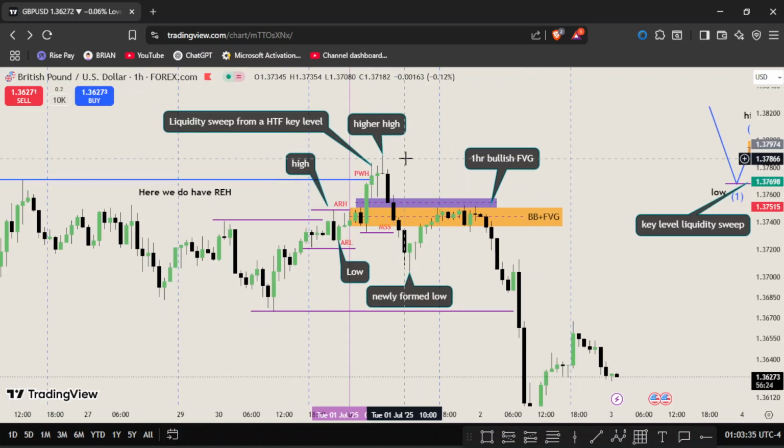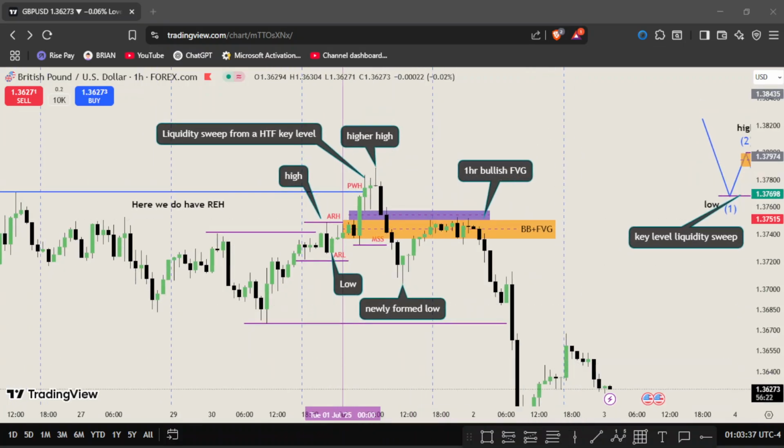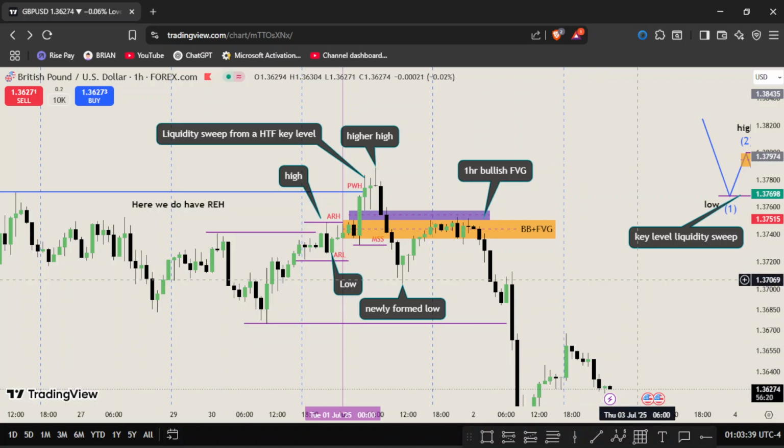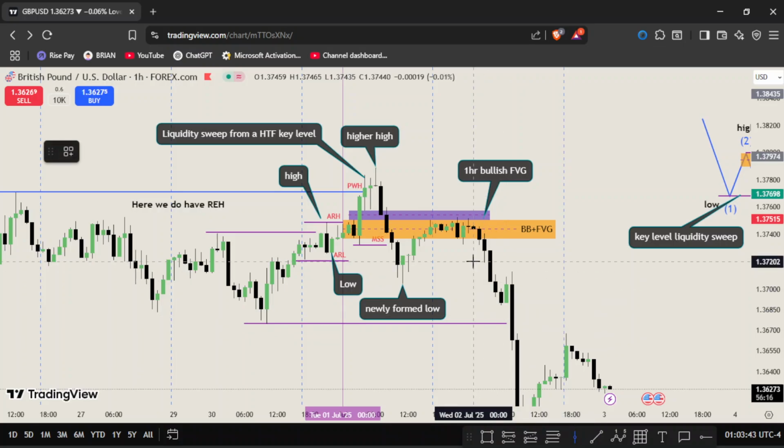That was on Tuesday. Then on Wednesday, now this is where I want you guys to see the value of time. So on Wednesday, price offers us a higher high, a newly formed low, a market structure shift, and a key level that is our breaker block, and notice how price consolidates around this area.